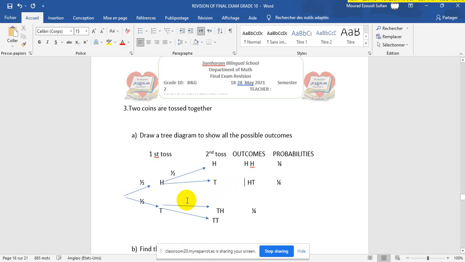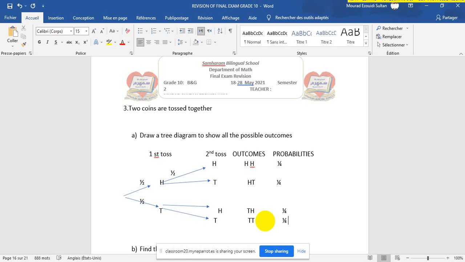Then, if I got a tail in the first toss, in the second toss I can get a head or a tail. And the probability here, my daughters, will also always be 1/4.